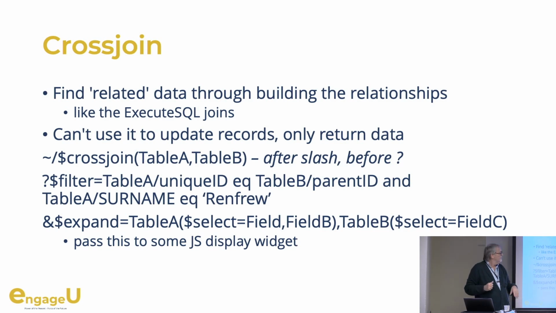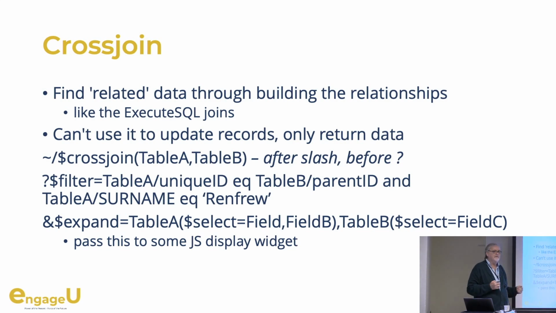Yeah? If you're used to using execute SQL, that should be quite clear, slightly different language, but it's the same principle. And so I've done a join, but also I'd like you to give me back the records in table A where the surname field is equal to, well, in my case, me. So I've built a relationship and I'm getting some specific records based on that relationship.